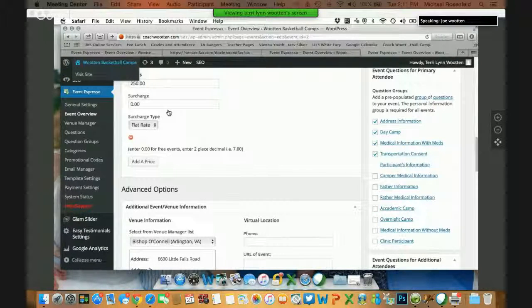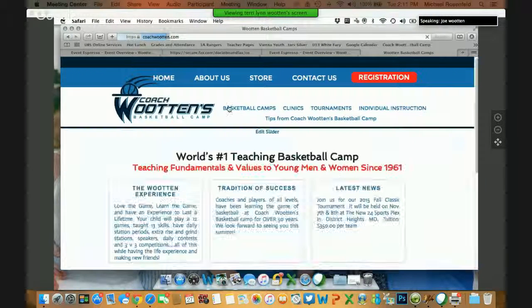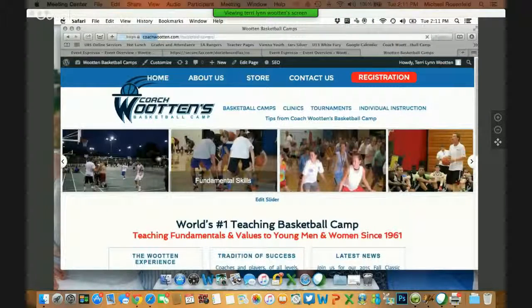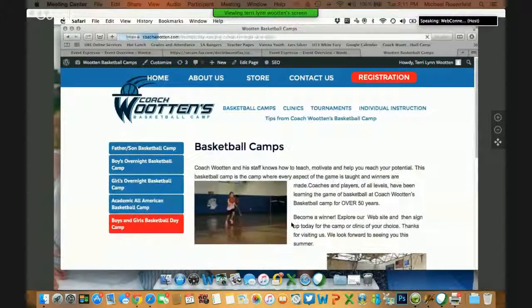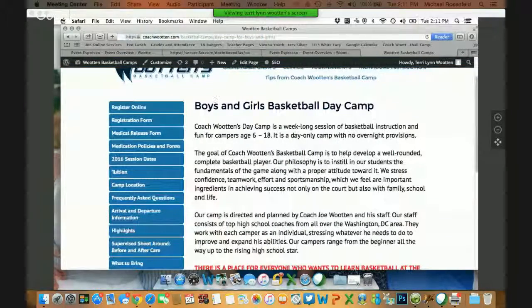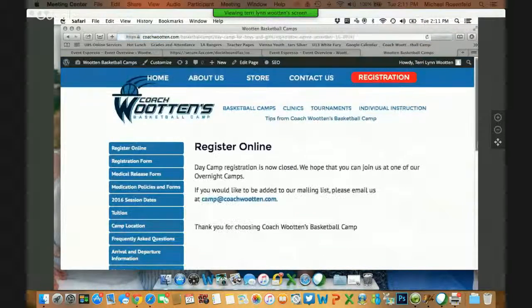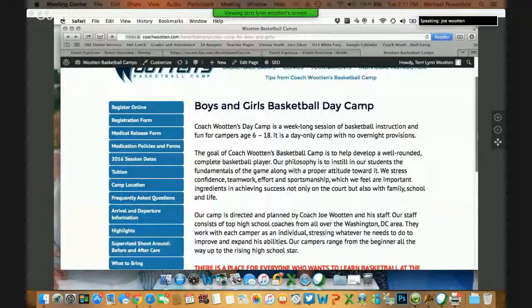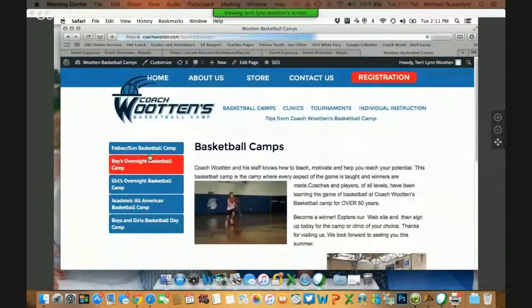I don't know how to get to it from the registration page, though. Let me see if I can change the groups for the overnight camp and see if it'll show me through the overnight camp.